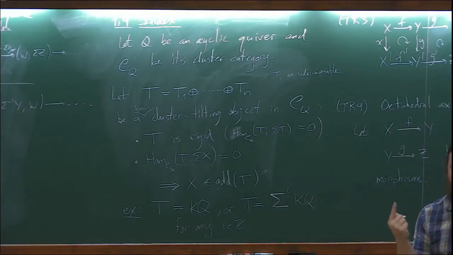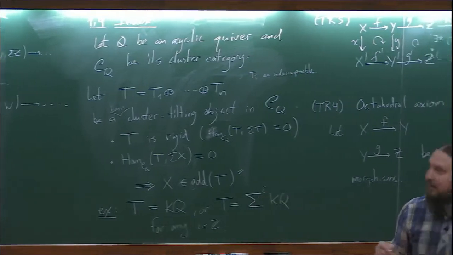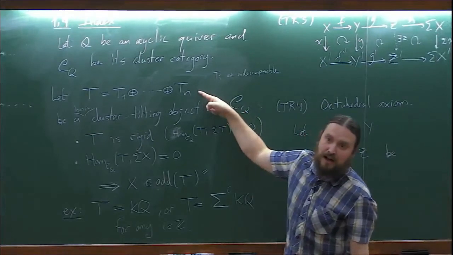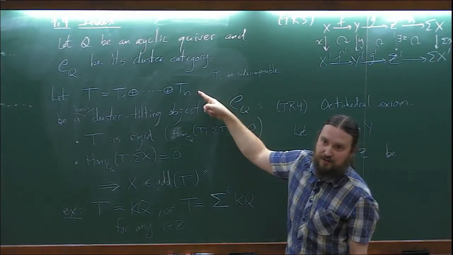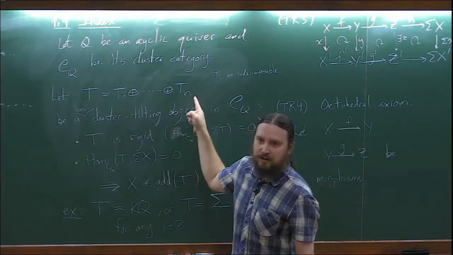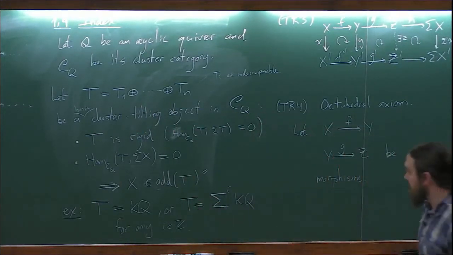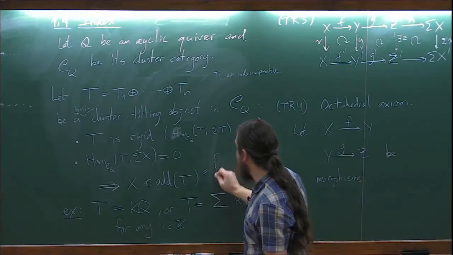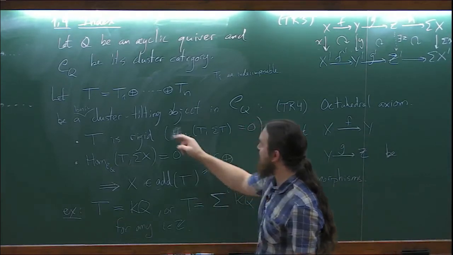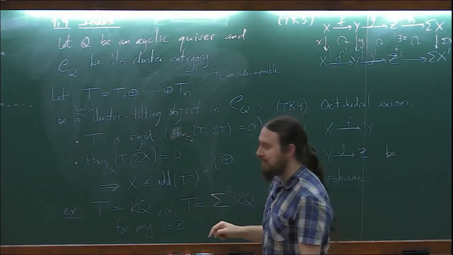So if I take any object T, I can decompose it into a direct sum of indecomposable objects. And this is what I do here. I fix one such decomposition, and I call the direct factors T1 up to Tn. So add T is the set of all objects of the form direct sums of these Ti's.